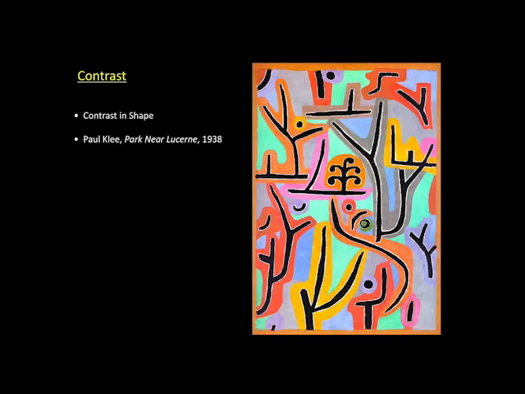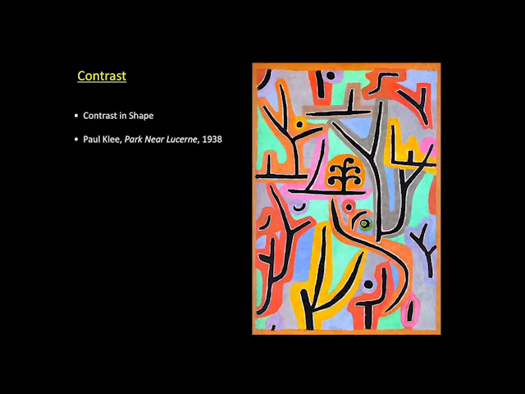Contrast in shape. So again, very abstract, called The Park near Lucerne from 1938. This is him looking out of probably a 3 or 4 story window down on a city park. The trees, the pathways, and just kind of blocking them into different colors.